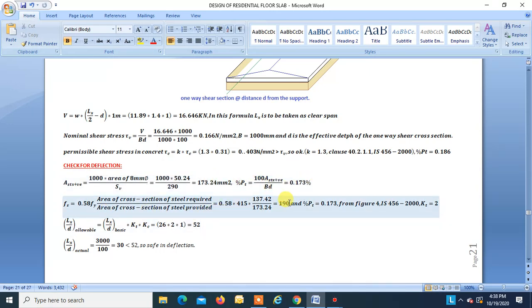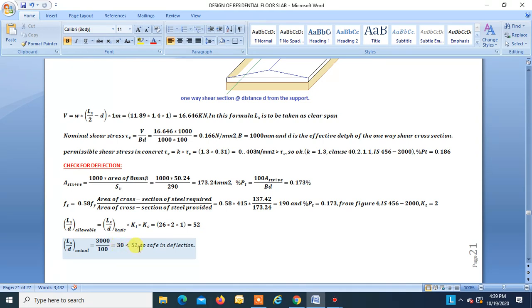FS is found to be 190, and for PT 0.173 we get the corresponding KT as 2 from figure 4 of IS 456 2000. So this is the formula: L by D basic into KT into KC. KC we are taking as 1. KT is 2. L by D is 26 because it is a continuous slab. So this is 52. Actual is 3 meters, which is the LX, and 100 is the D.